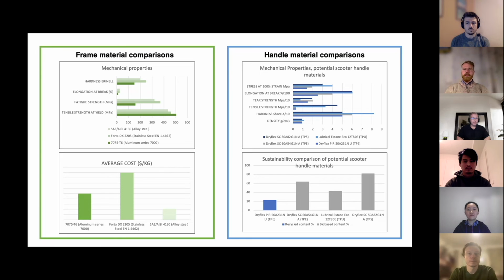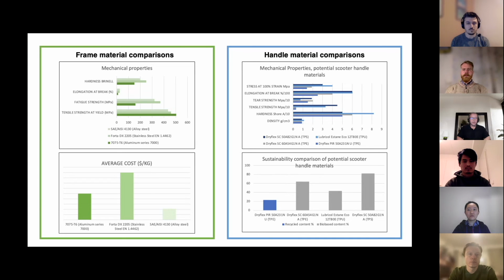So here we have this comparison of the mechanical properties of these final materials for the frame and the average cost of the material. Very important for the cost item is that we also need to consider that, for example, for aluminum, we would need more material to achieve the same strength properties compared to steel options.